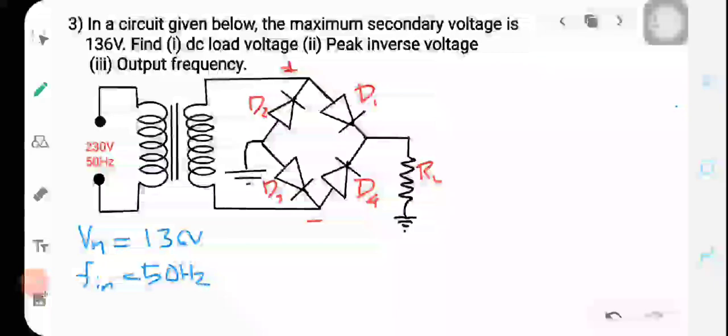Let's consider the positive half cycle, that is, the upper end is positive and the lower end is negative. This is a convention; you can also take the lower end as positive and the upper end as negative during the positive half cycle, no problem. But for our convenience and the convention we follow throughout the curriculum, the upper end is positive and the lower end is negative during the positive half cycle.